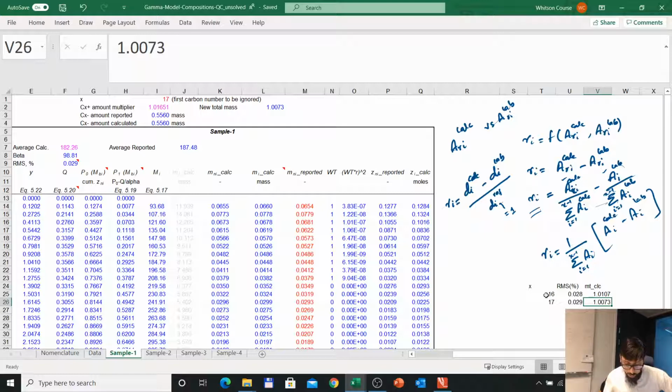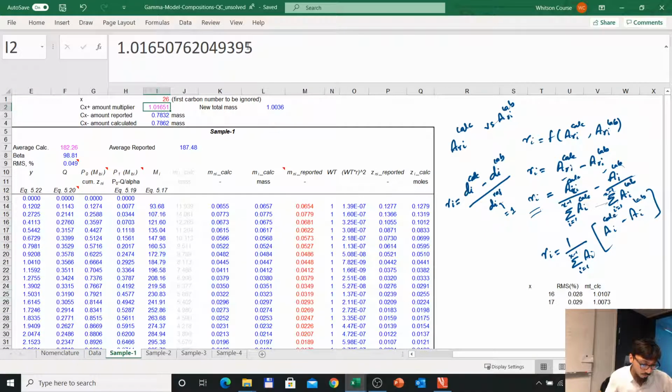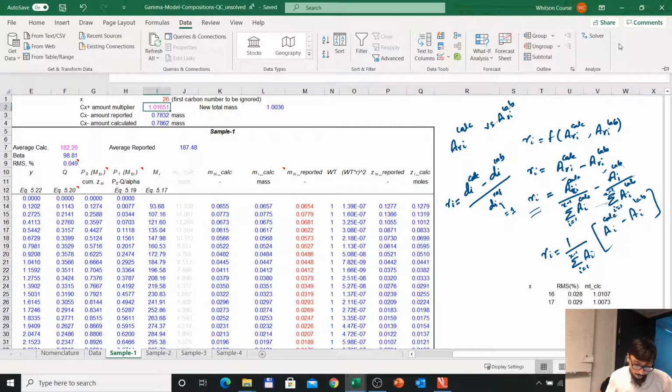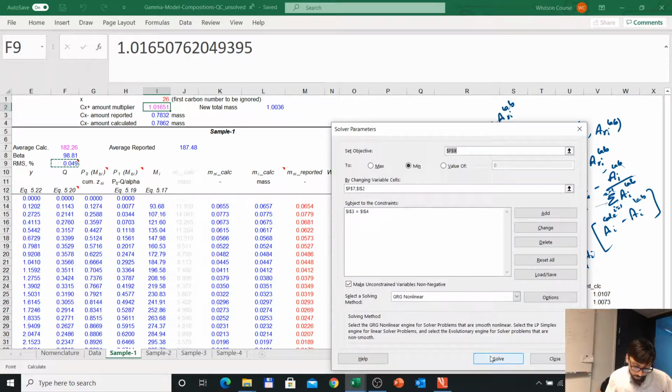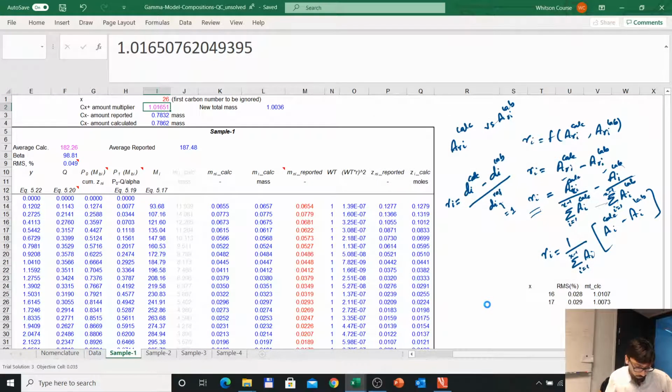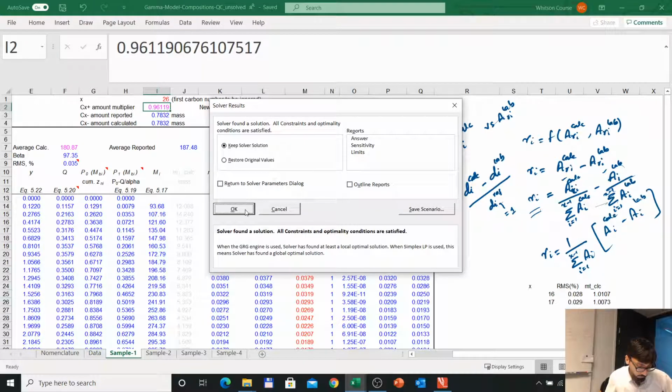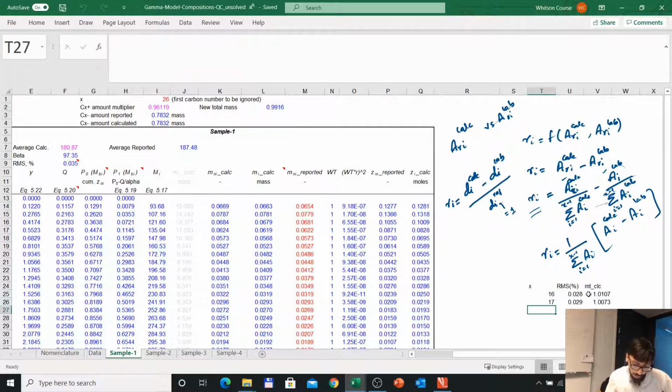And you just continue the process until you go to the last fraction, which is 26. So data, solver, and still, until 26, we have RMS very close to 0, and the calculated mass is also close to 1.